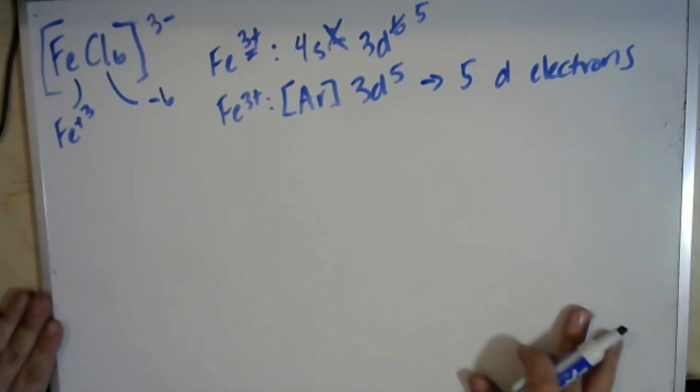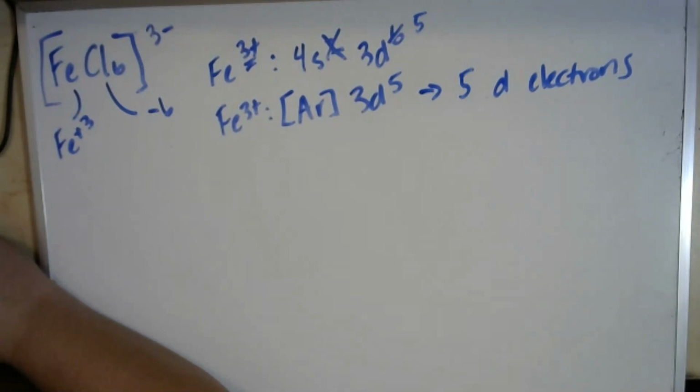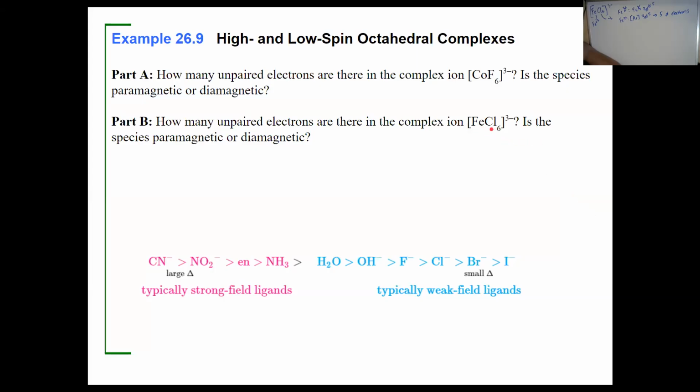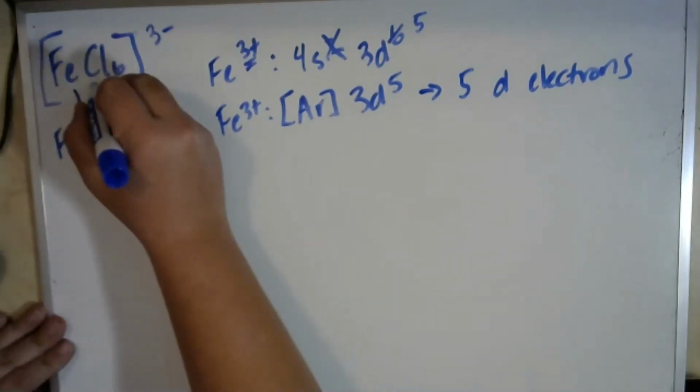Okay, what we can also see right away, I'll share the screen again so we can look at it together, is that our iron is attached to chlorine, and chlorine is typically a weak field ligand, so it's also going to have a small delta value. All right, so we have to keep that in mind.